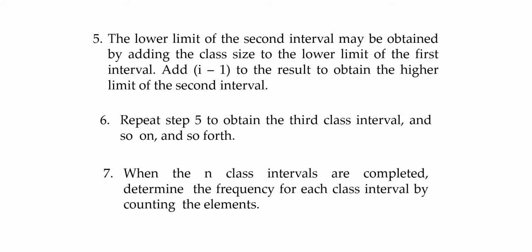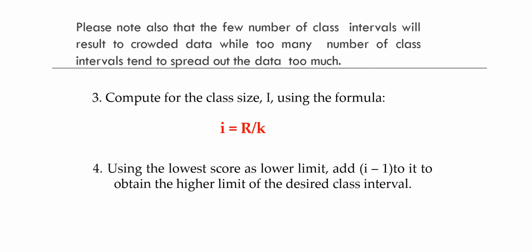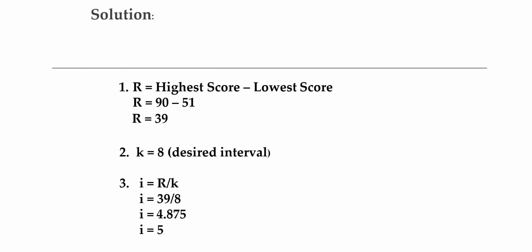The lower limit of the second interval will be obtained by adding the class size to the lower limit of the first interval, and adding to the result to obtain the higher limit of the second interval. So you just add going upward, and subtract one going downward. Then repeat that until you reach the number of intervals you set. So ma'am, what is the actual solution? These are just the steps, and this is how you apply them.